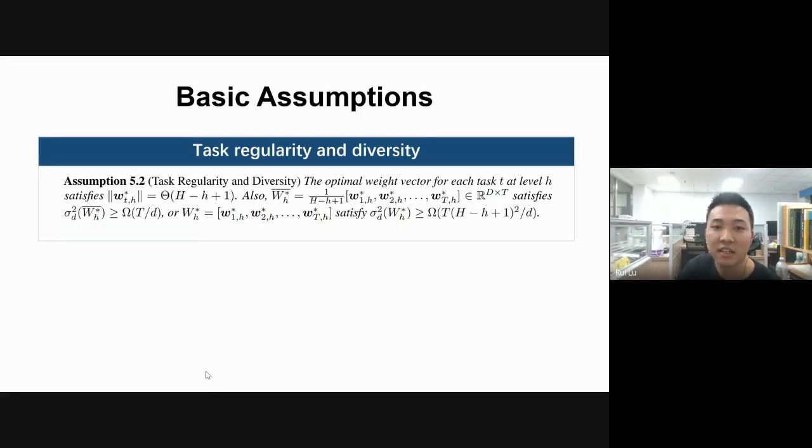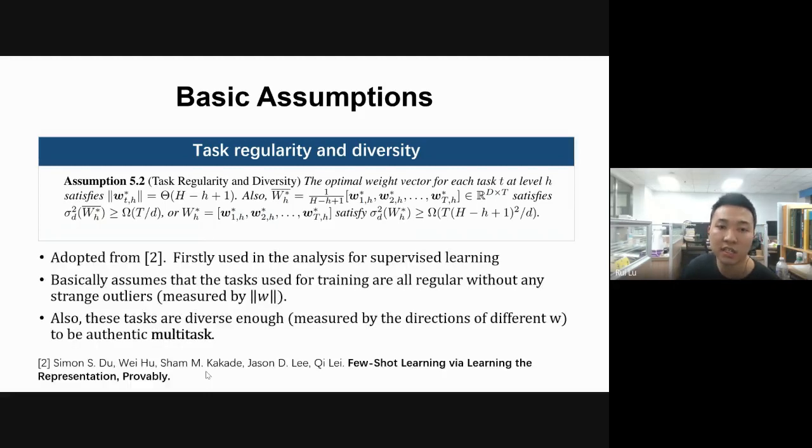Here is maybe the most important assumption, and it is a little hard to understand. It is called task regularity and diversity. We adopt this assumption from Simon's latest work on few-shot learning while learning the representation provably. It was first used in supervised learning.